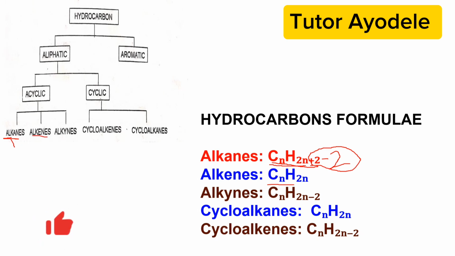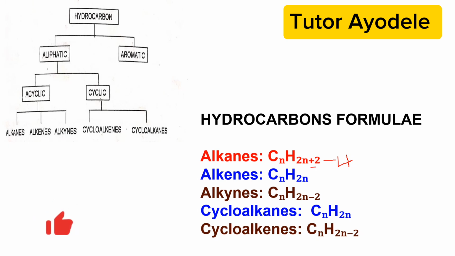Since you know the formula for alkenes, what about to get alkynes? For alkenes you subtracted 2, while for alkynes you subtract 4. So let me show you. If you subtract 4 from the alkane formula, it will be plus 2 minus 4, which will give you minus 2.